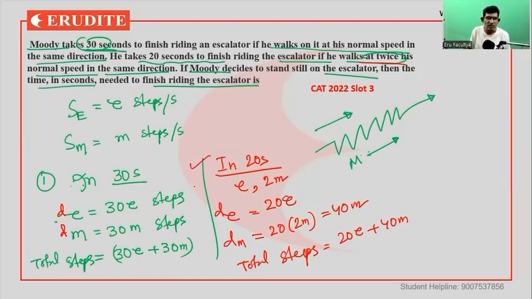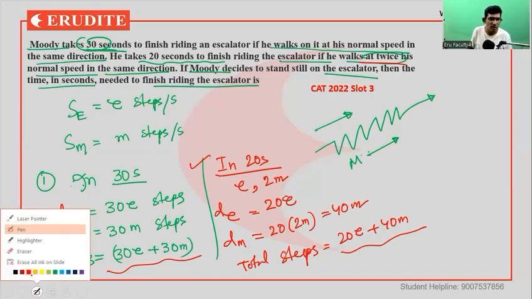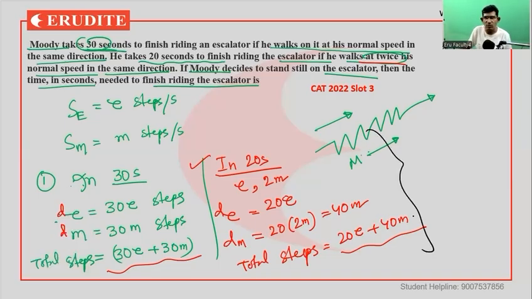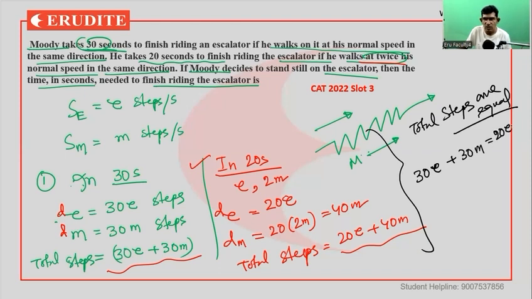Now, in both cases the total number of steps on the escalator must be the same, so I can equate them. 30E plus 30M equals 20E plus 40M.